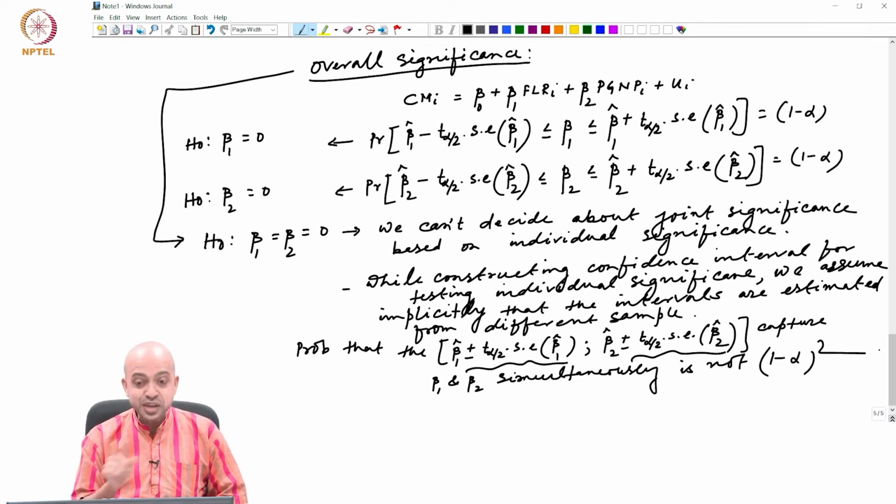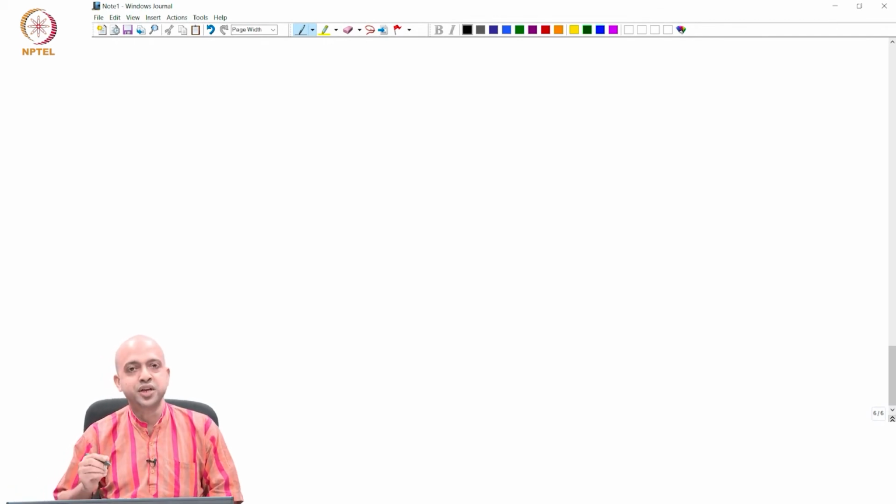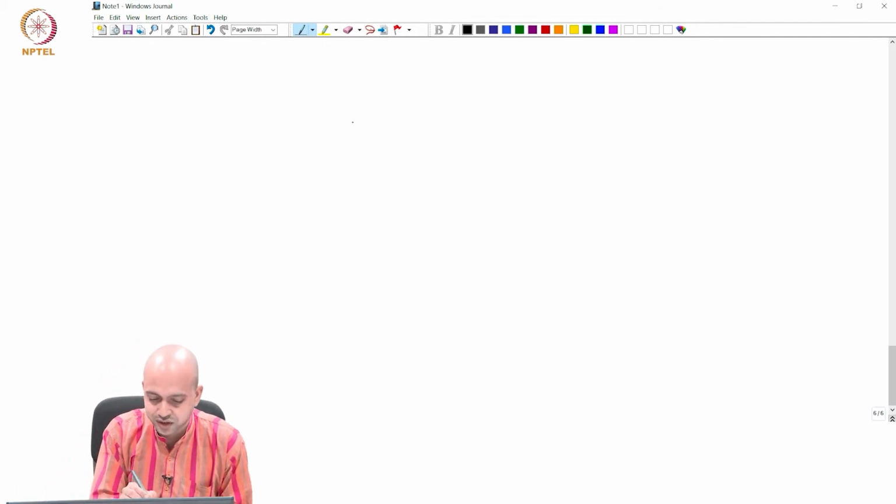But that does not mean that these two intervals jointly capture the true values of beta 1 and beta 2 with probability 1 minus alpha square, because these two intervals are not independent. They are constructed based on the same sample, and that is why we cannot infer anything about the joint significance based on the individual significance.